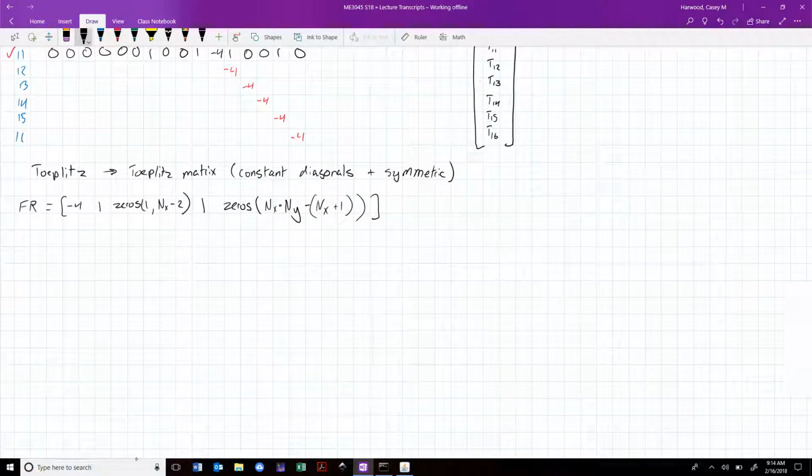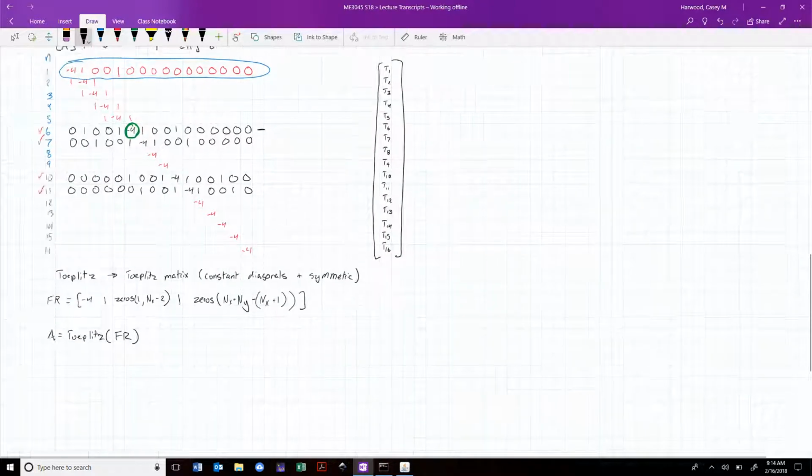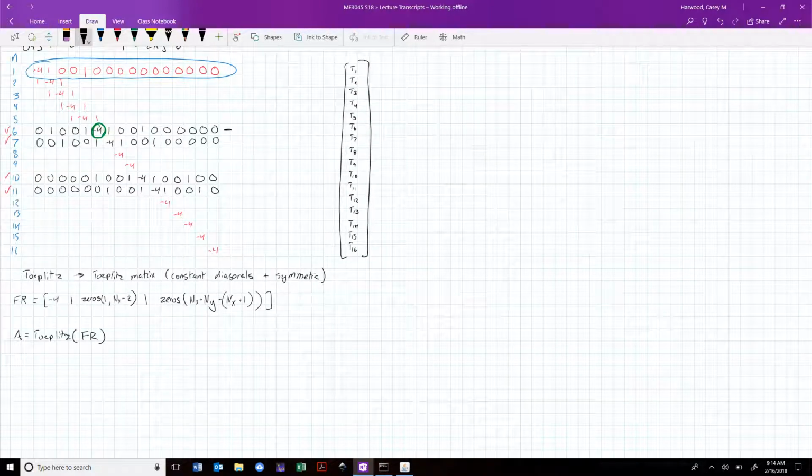And then you say that A is equal to Toeplitz of this first row. It's going to spit out this big square matrix, with these diagonals and a bunch of zeros, and it's going to be 16 by 16 for this problem, or the number of node points by the number of node points.